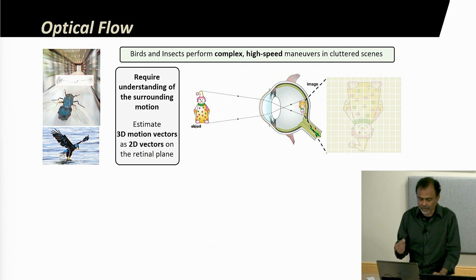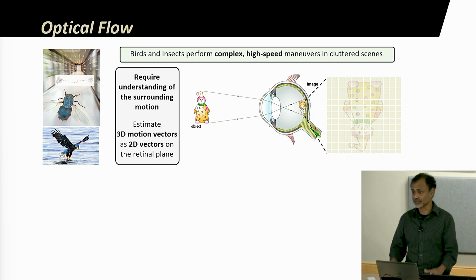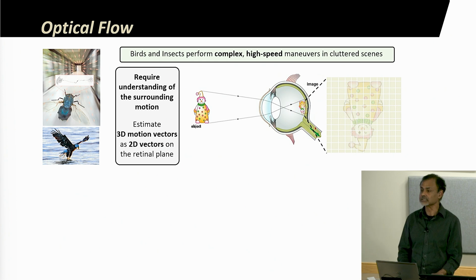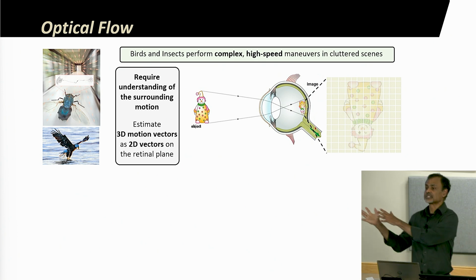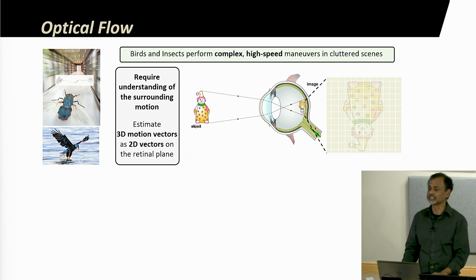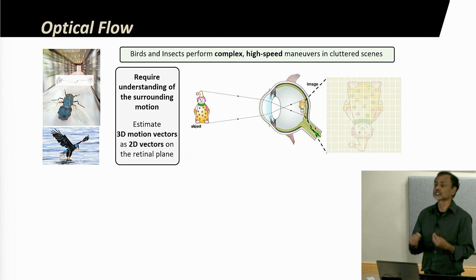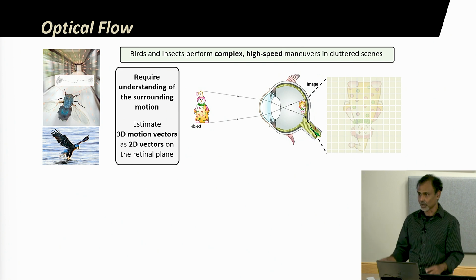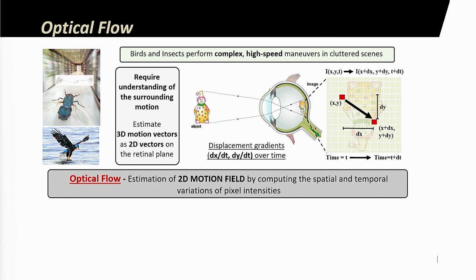In general, when I see objects, they're three-dimensional vectors, but it goes through my retina and then becomes really a two-dimensional object. So if I'm thinking of a camera, going from a 3D motion vector to a 2D motion vector is what I'm interested in when it comes to optical flow. And to that effect, the estimation of a 2D motion field by computing the spatial and the temporal variation in the pixel intensity is optical flow, and that's what I'm going to do.